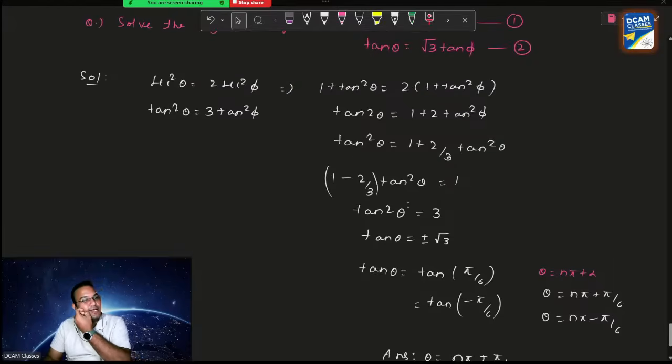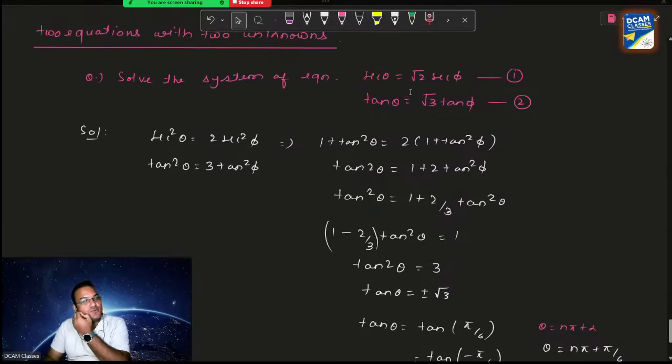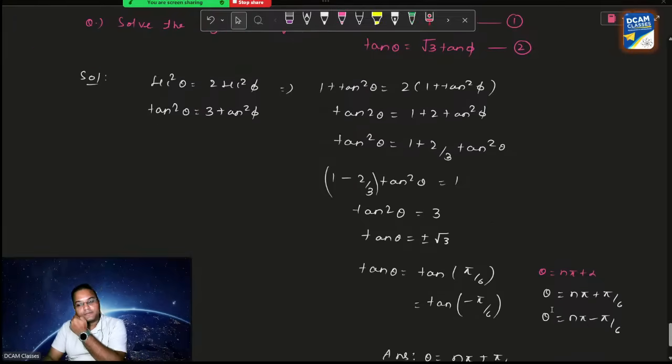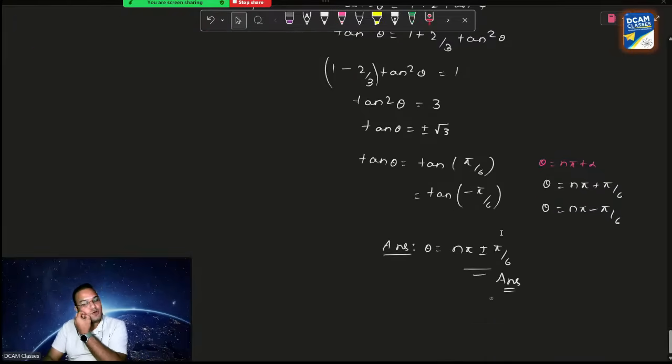It's simple actually. What you have to do now, you have two equations with two variables. You have to solve each of them and get an equation with one variable only, so that you will be able to solve that variable and then arrive at a relation like this. Then you can form a general solution.